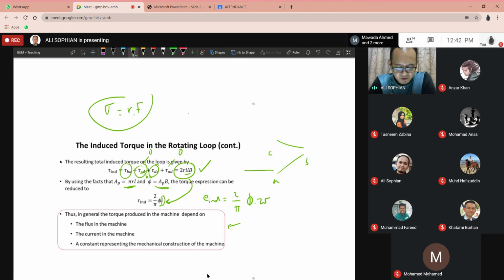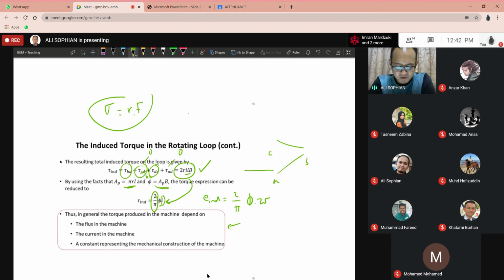Induced torque depends on the flux, the current, and the constant representing the mechanical construction of the machine. The 2 over pi will change when you have a real machine, but the flux and I, or current, will stay in the equation just like this.